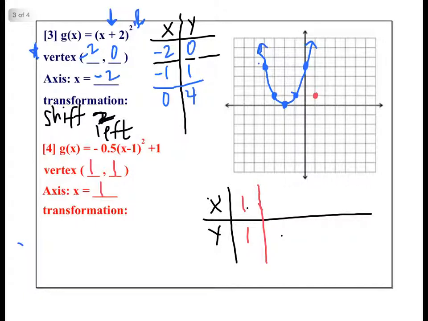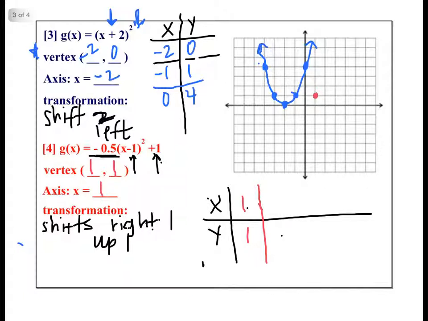Now if I think about just what's given in my equation, well, this minus 1 shifts our graph right 1. This one shifts it up 1. And then we got to think about, what does this negative 0.5 do?